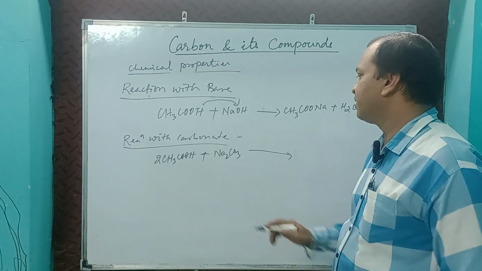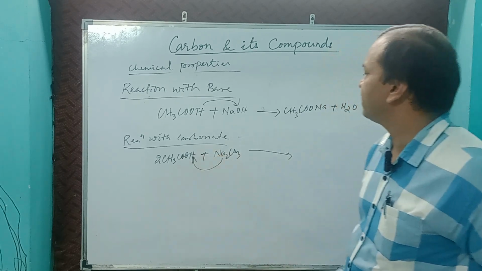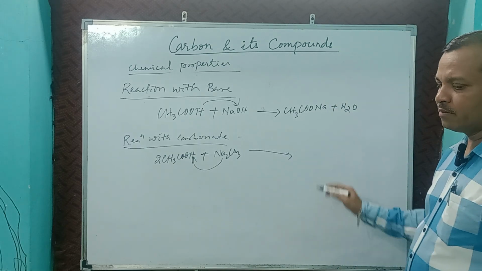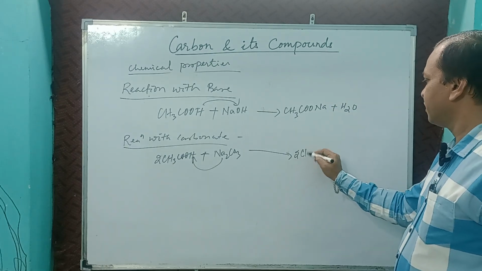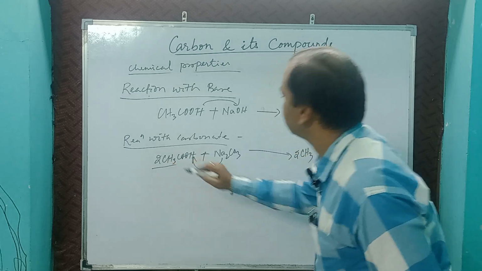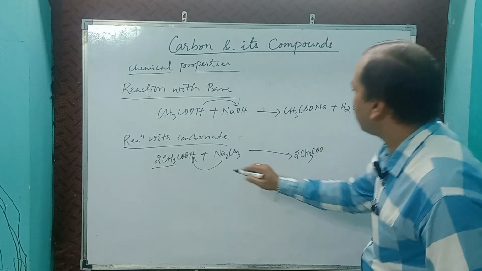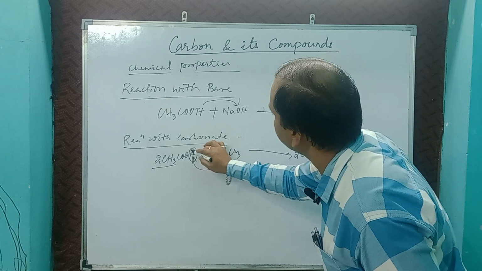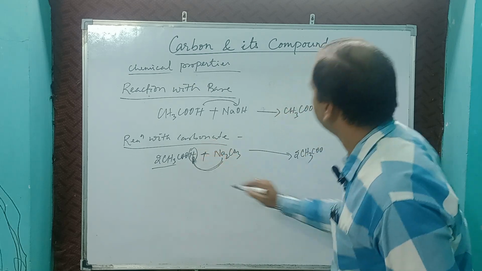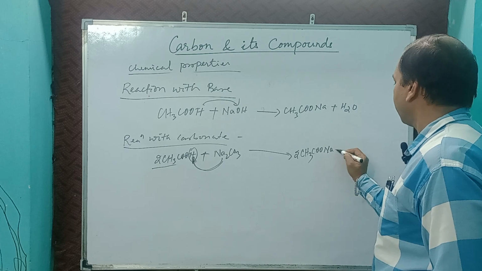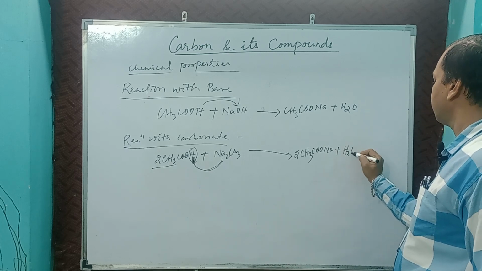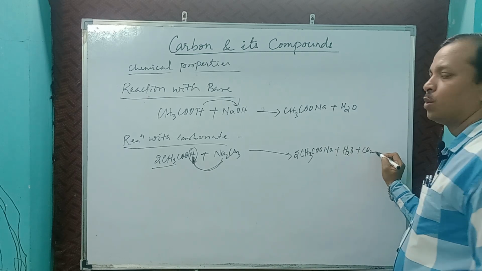Then what will we get? Na will go here and H will be displaced. Clear? So we will get 2CH3COONa plus H2O plus CO2. As I told you, this H will be removed from here and Na will be attached here.